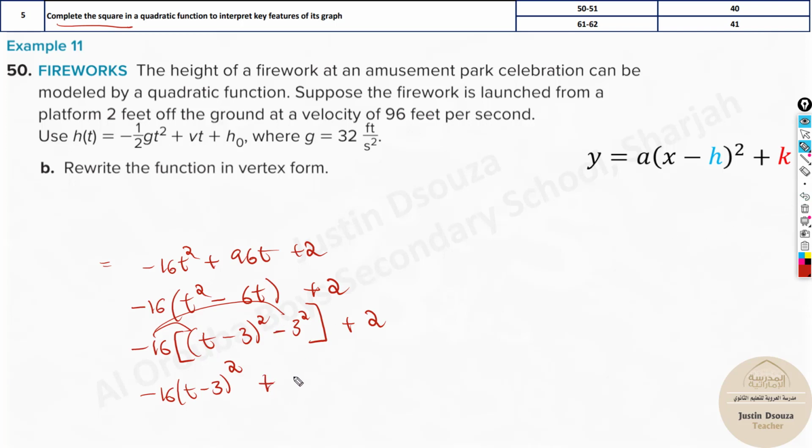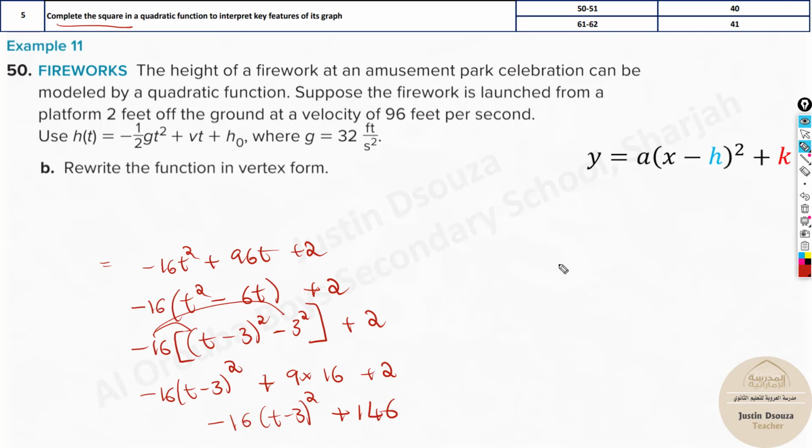I'll write it as 9 multiplied by this number 16 and then plus 2. So you can put this entirely in the calculator directly, or 160 minus 16 is 150, 144 plus 2. It is 144 plus 2, so I'll write it as minus 16 times t minus 3 the whole square plus 146. This is the simplified form.